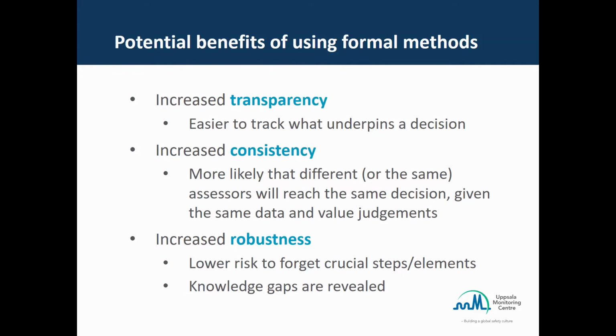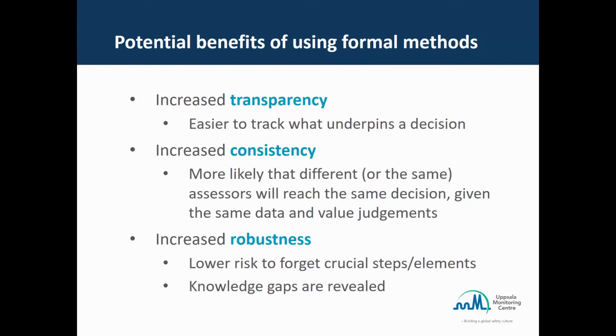The third one is increased robustness, because there should be a lower risk to exclude crucial elements. And that is a risk if you're relying on human introspection alone.